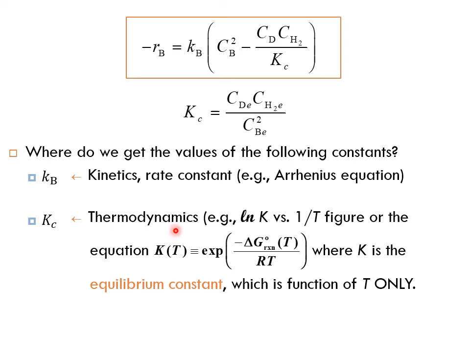For example, you can go to the ln K versus 1 over T figure, or you can use the definition of K. So you have here K, which is a function of T, defined as exponential of minus the standard delta G reaction evaluated at the system temperature divided by RT.